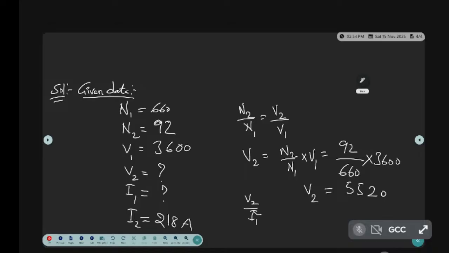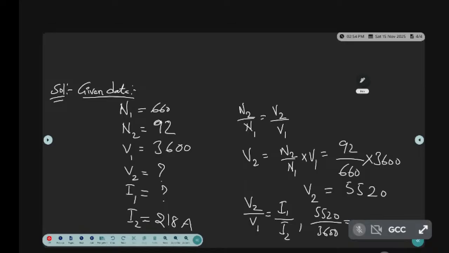Then V2 by V1 is equal to I1 by I2. V2 is how much? 5520 by V1. V1 is how much? 3600.